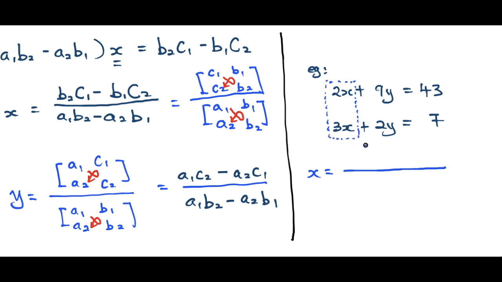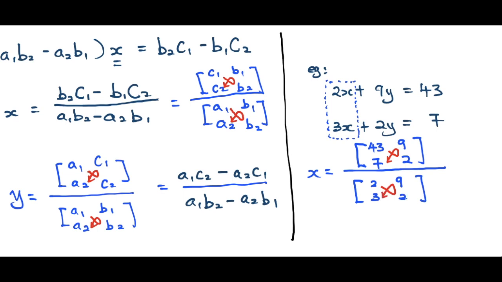So it becomes 43, 7, and then this side will be 9, 2. And then the denominator will be the determinant of x and y: 2, 3, 9, and 2. You may cross-check from the theory we showed earlier. Multiply these two numbers and then subtract the product of these two numbers.